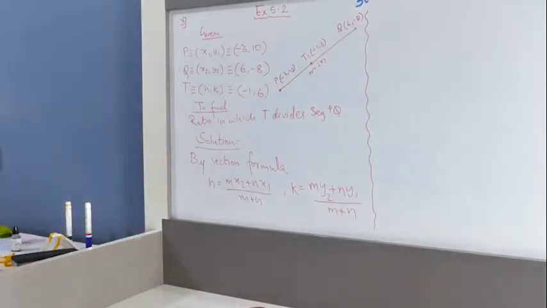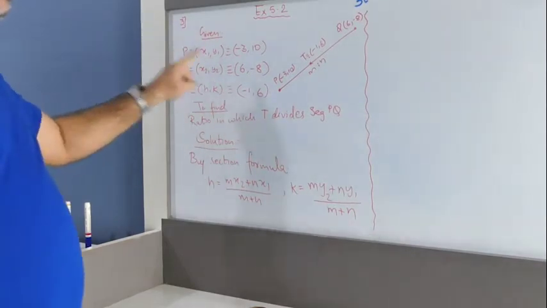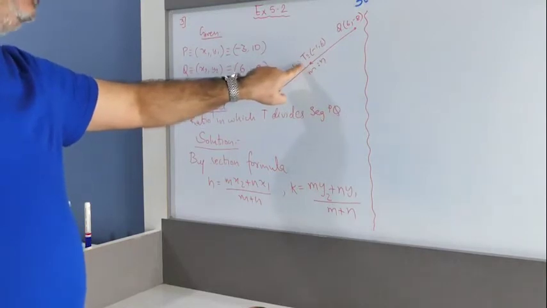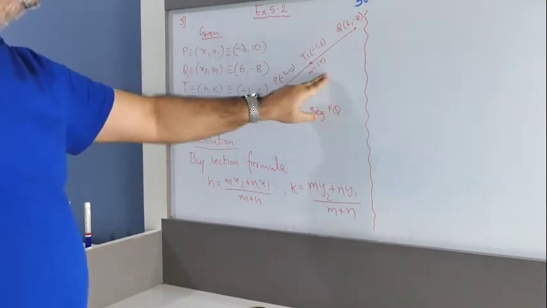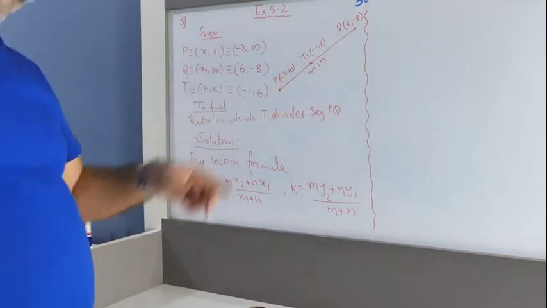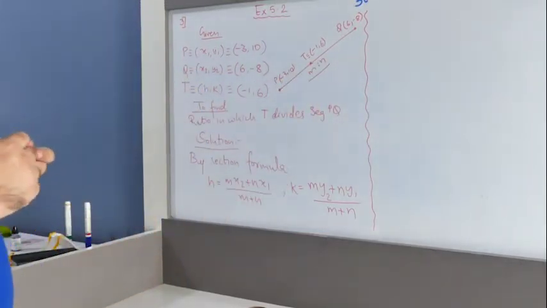So exercise 5.2, now we go to problem number 3. We are given P, we are given Q, we are also given the point T which divides PQ in a particular ratio. We have assumed that ratio is m is to n. Our duty is to find out the ratio m is to n. This is what we have to find out.